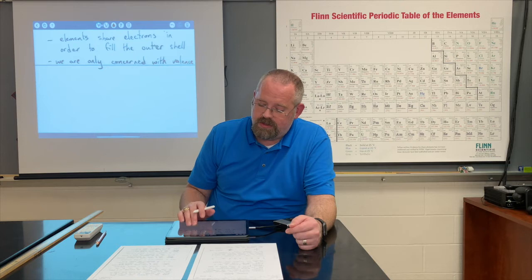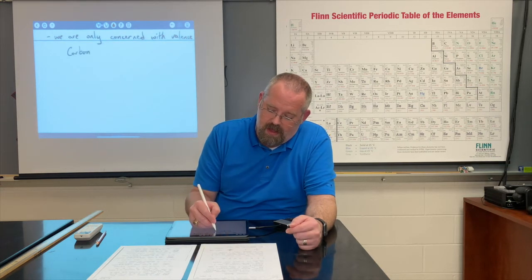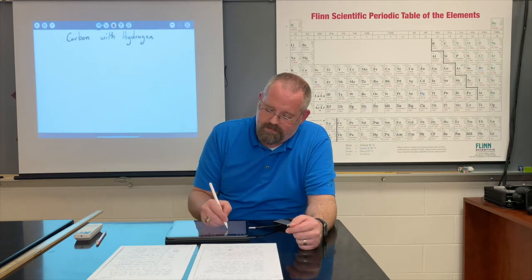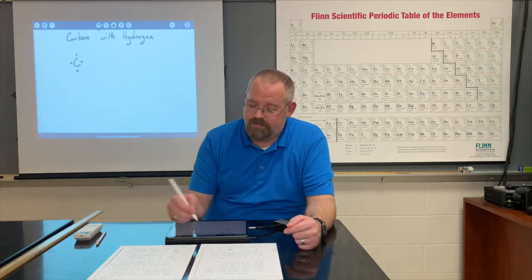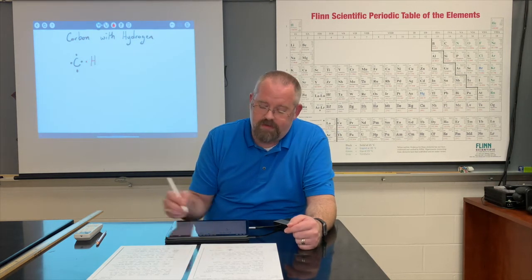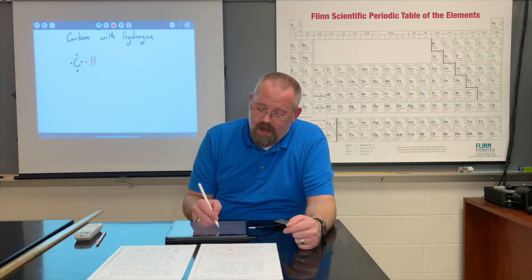All right, so let's look at carbon and hydrogen. All right, so carbon has 4 valence electrons. Hydrogen has 1 valence electron.